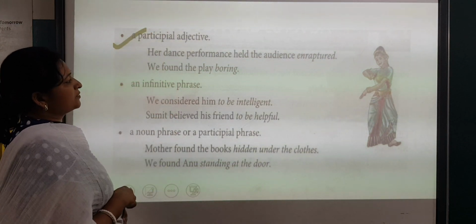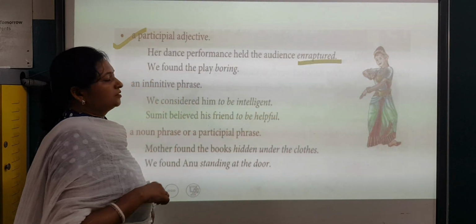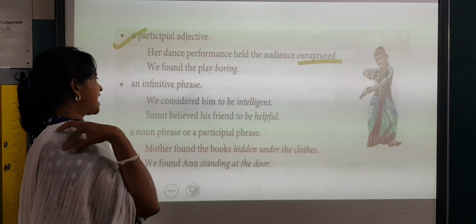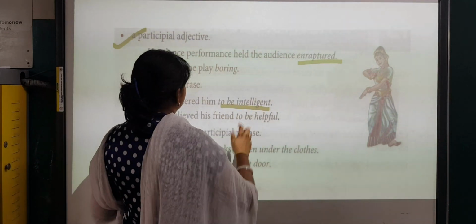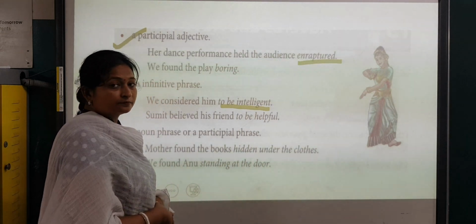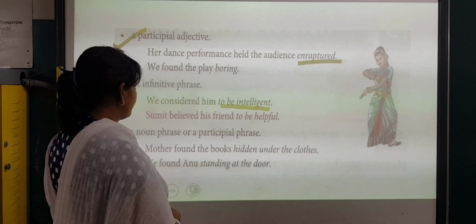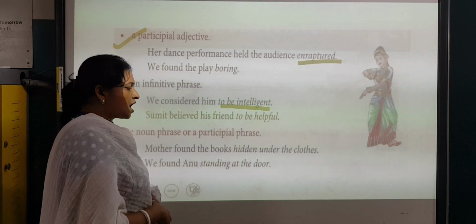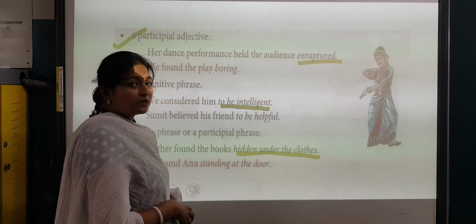Her dance performance held the audience enraptured. Now that is the object complement. An infinitive phrase: we considered him to be intelligent. Again, you know infinitive is "to" plus verb. A noun phrase or a participial phrase: mother found the books hidden under the clothes. So this is a participial phrase.